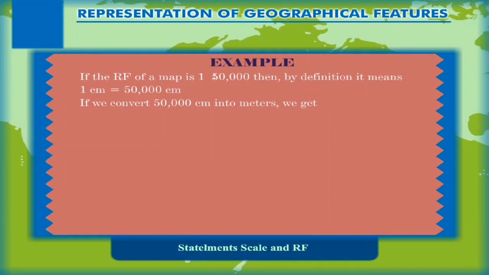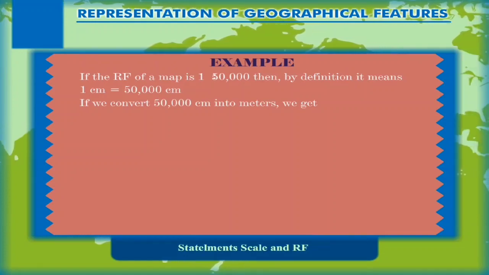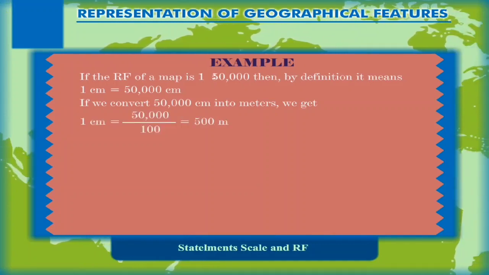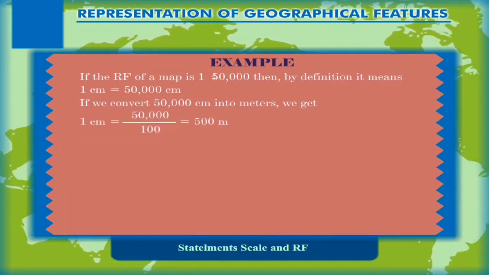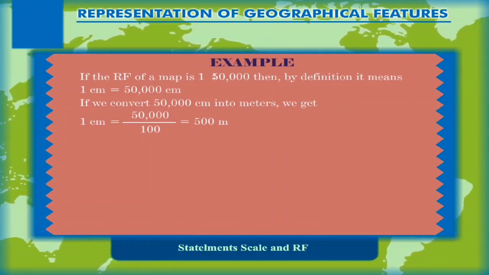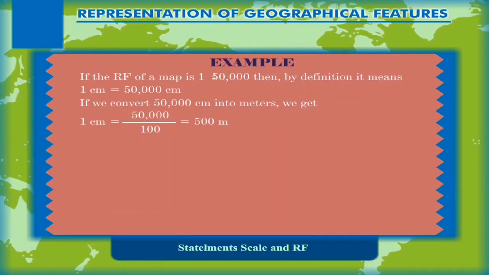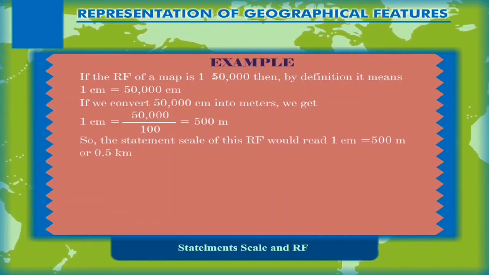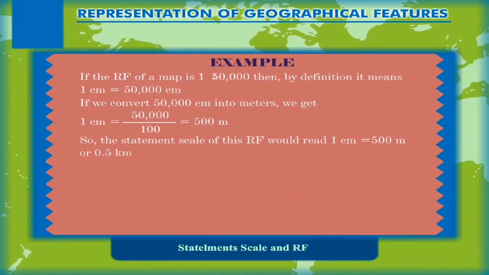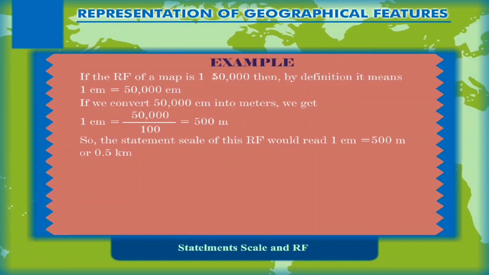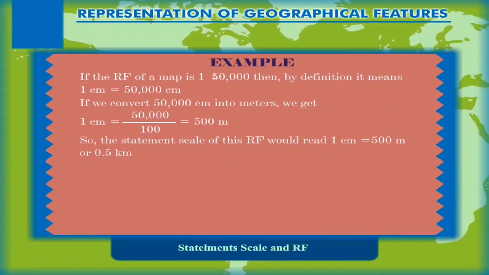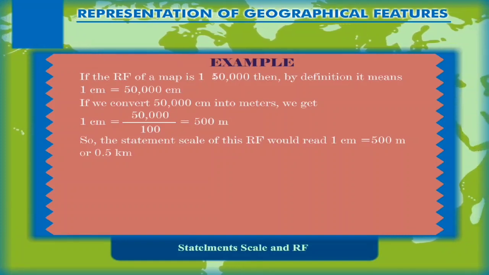If you convert 50,000 centimeters into meters, we get 1 centimeter is equal to 50,000 upon 100, which is equal to 500 meters. So the statement scale of this RF would read 1 centimeter is equal to 500 meters or 0.5 kilometer.